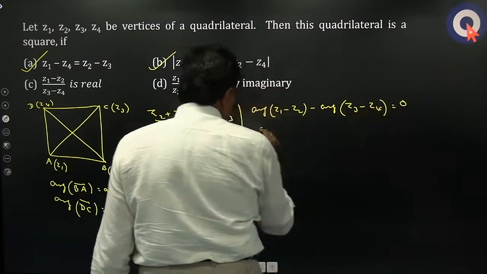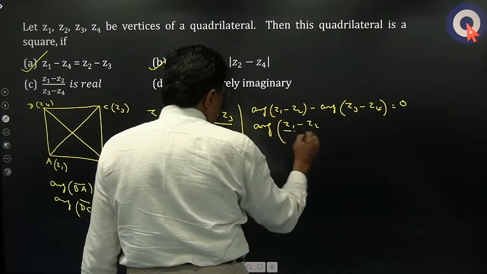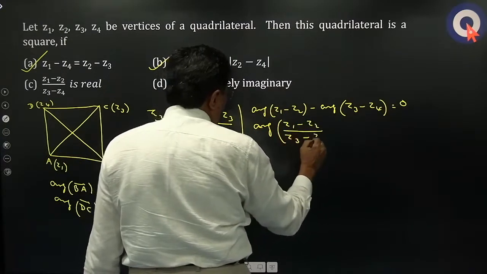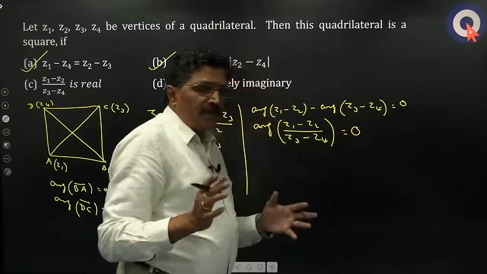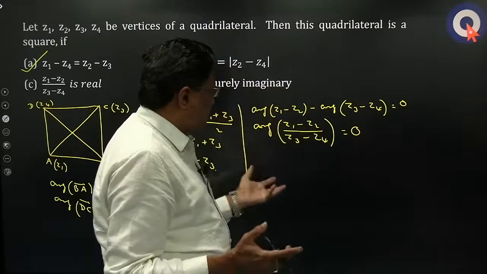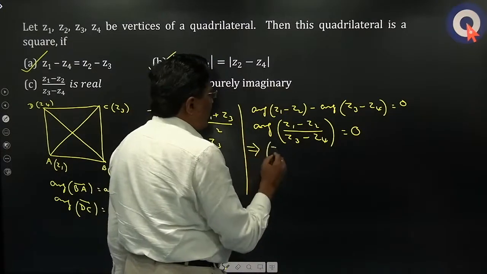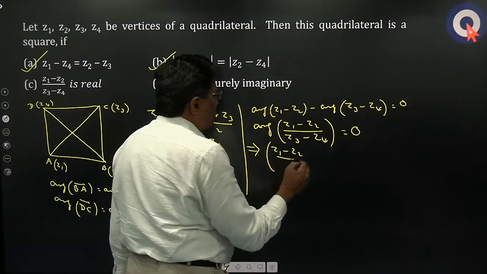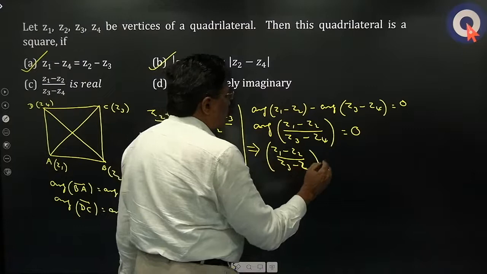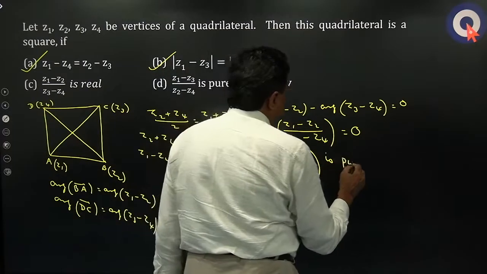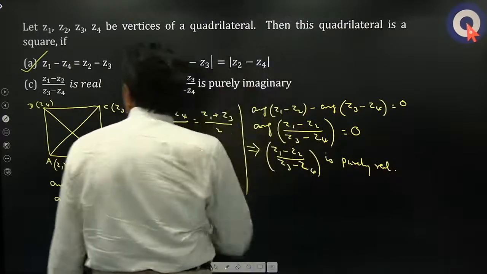So that means argument of Z1 minus Z2 by Z3 minus Z4 is equal to 0. The argument of some complex number is 0 means the complex number has to be purely real. So this implies this complex number Z1 minus Z2 by Z3 minus Z4 is purely real. All right. Next, this is correct.